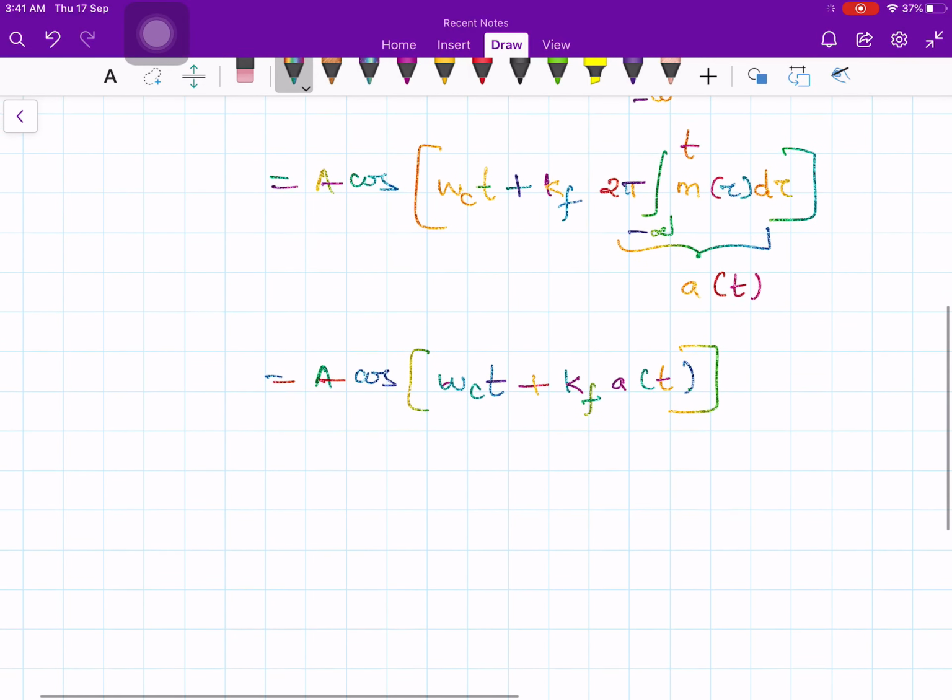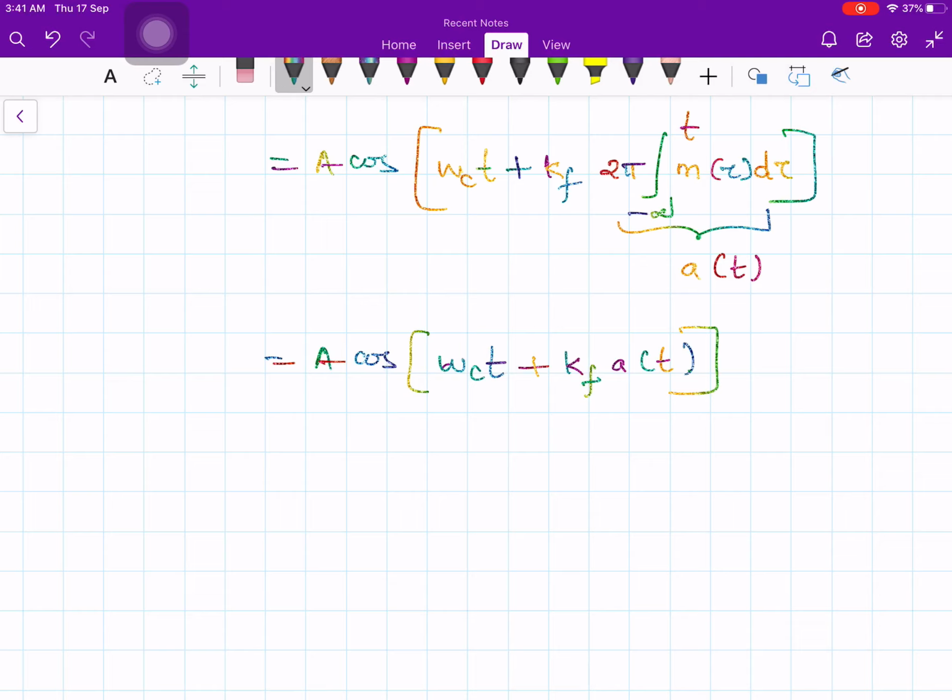Now the complex envelope of this signal is simply, since it is the complex envelope, the carrier will not come. Let me put the suffix FM: x tilde FM of t is A times e to the j kf a of t.